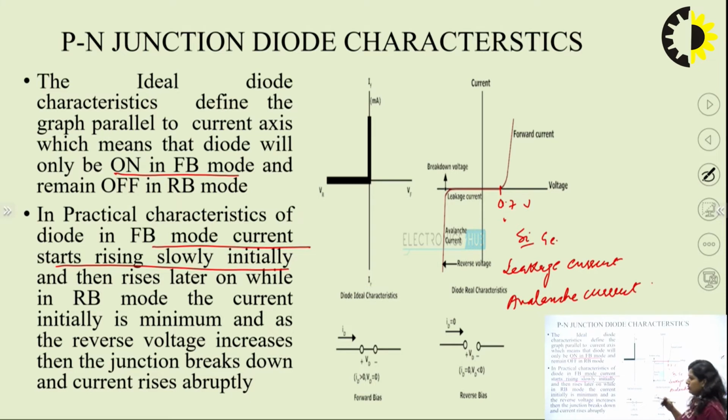At a particular value of the voltage, the diode breaks down, and there is a high increase of the current in the negative direction. This graph shows the current in the negative direction, while the current in the positive direction keeps on increasing after a particular voltage, that is 0.7 volt.